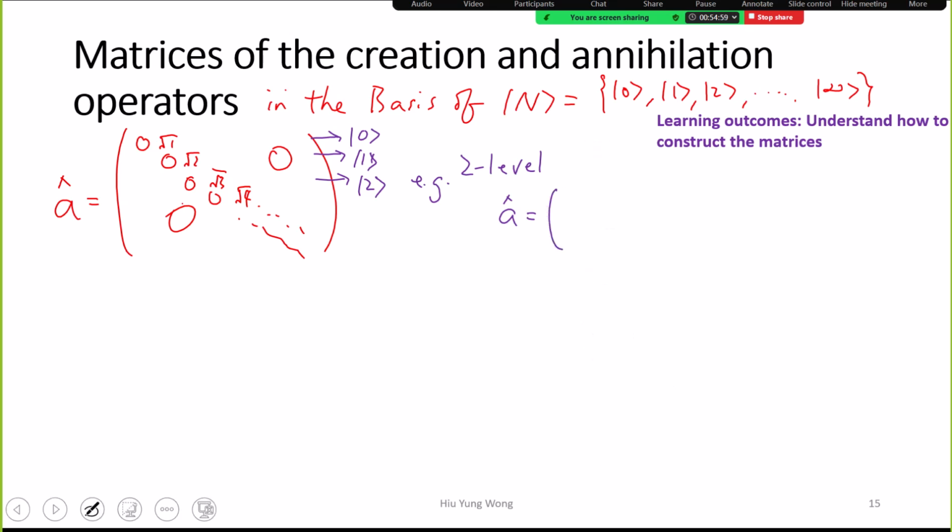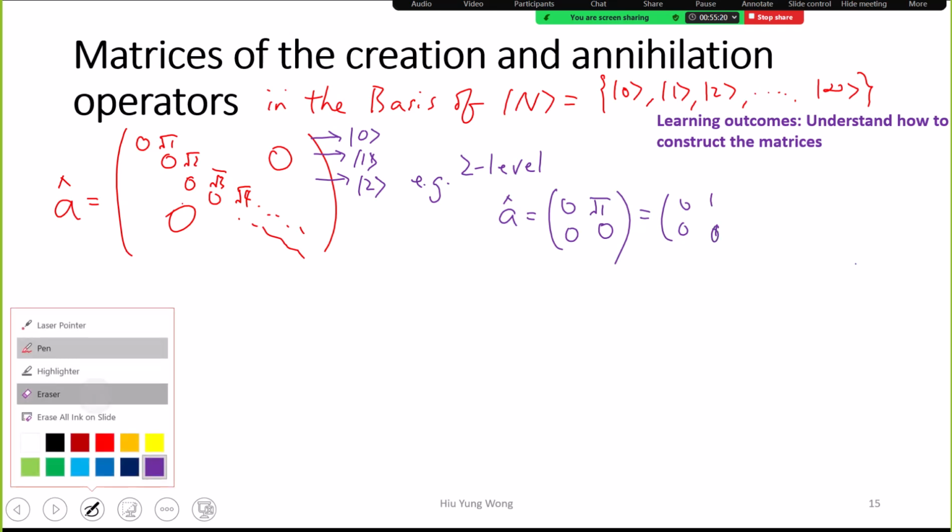In the diagonal direction it is 0, 0. I just said it, right? But then the one above it is square root 1, and the rest are 0. So this is the annihilation operator for a two-state system.